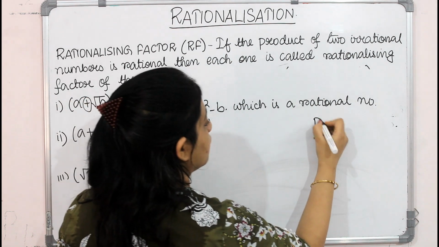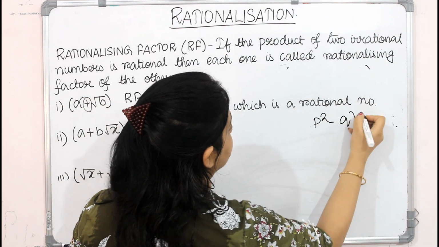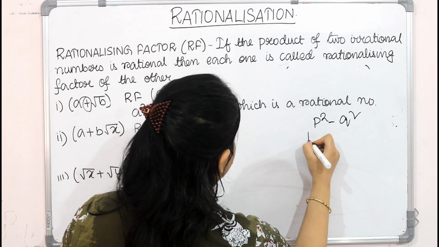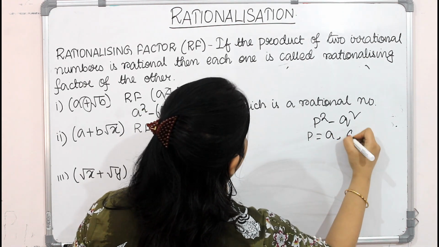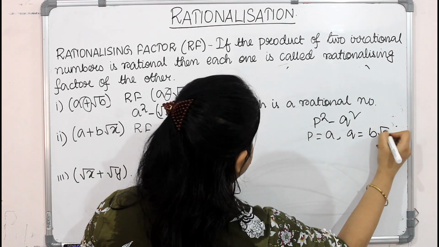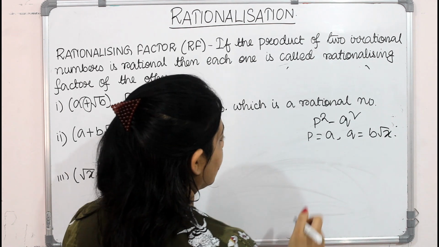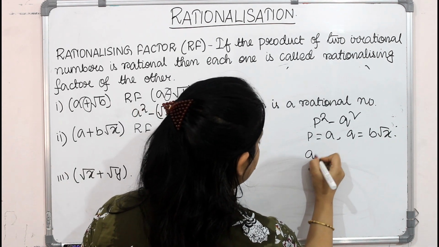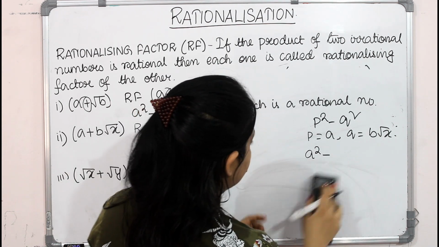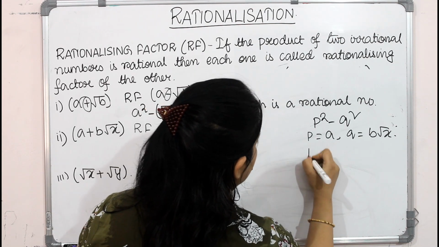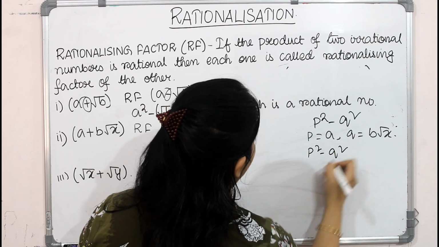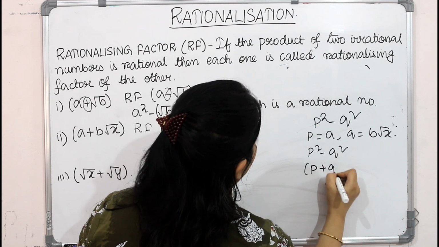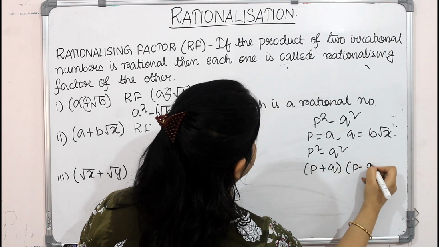So see, we will go by this p square minus q square. So p is equal to a, q is equal to b root x. Okay, so p square minus q square, you can write it as what? p plus q into p minus q.